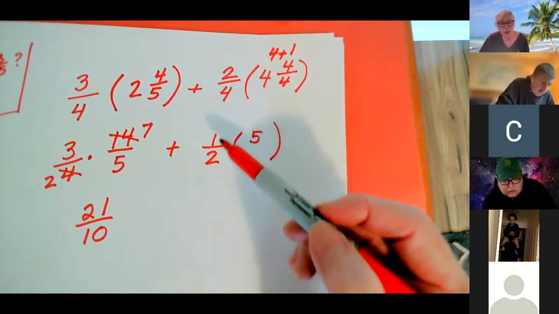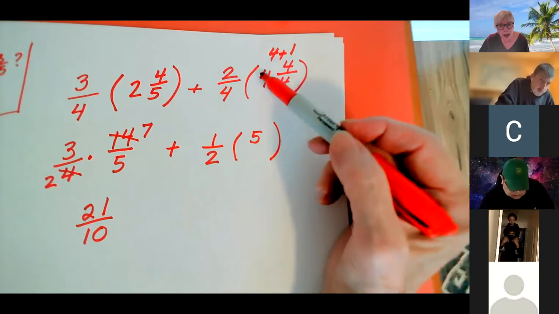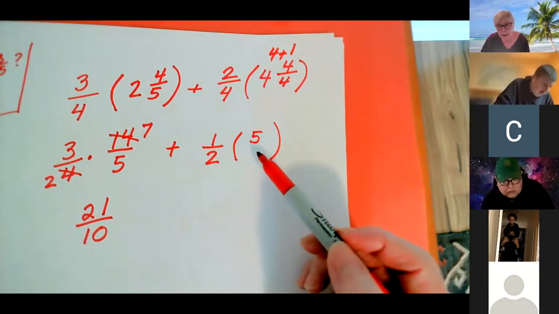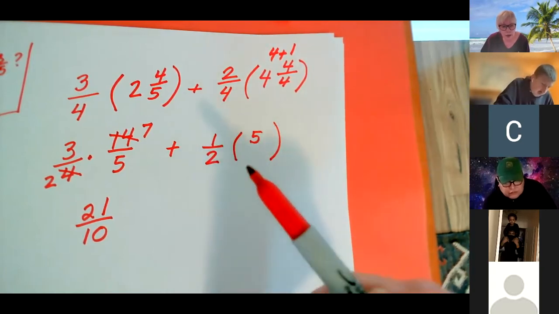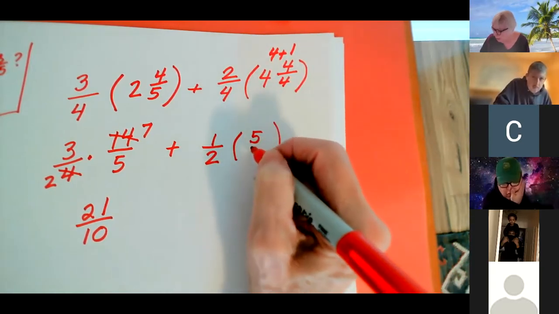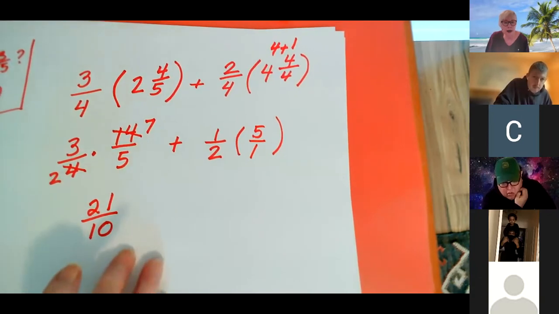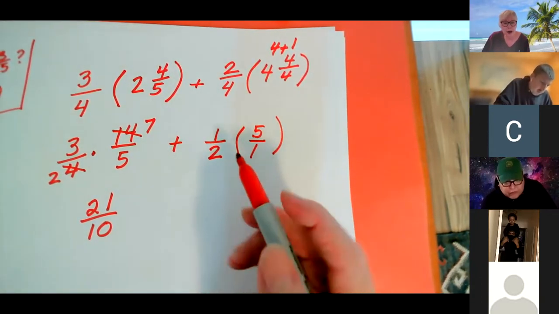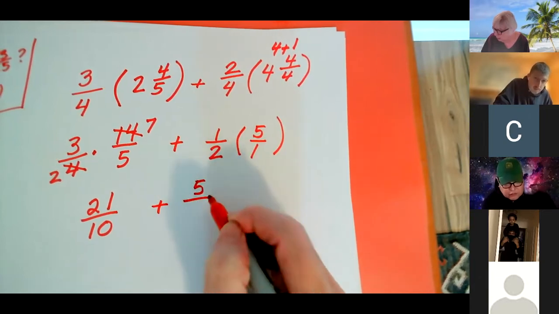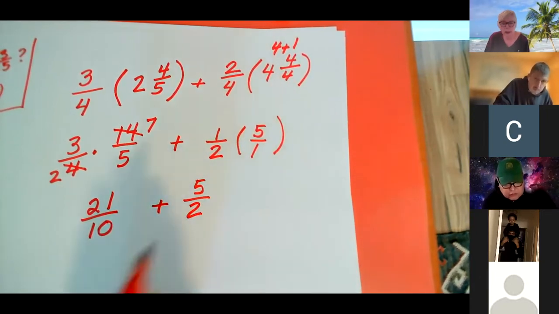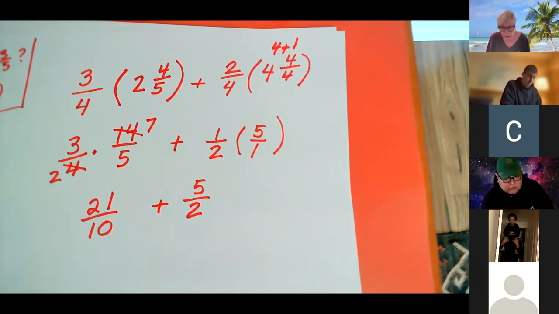So this was a heck of a mess, and it simplified down to the simple little 5. Now I still have to do this. And so 5 becomes, notice how I write it high, 5/2. 1 times 5 is 5. 2 times 1 is 2. This is not done, but the hard part is completed.